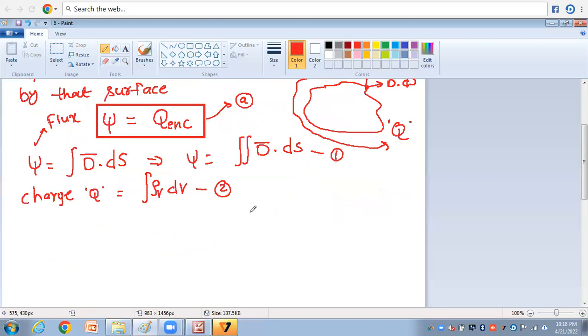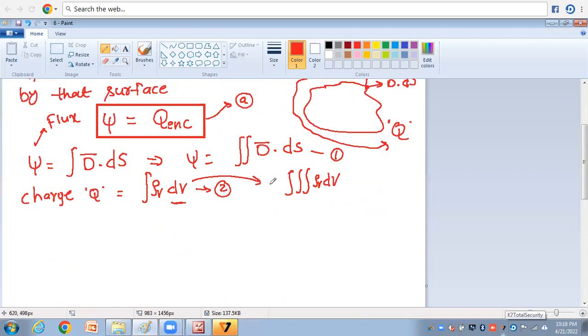Now what happened? Psi equal to, and here I will extend a little about this. This is volume charge density, where V means volume, so I will go with the triple integral of rho v dv.